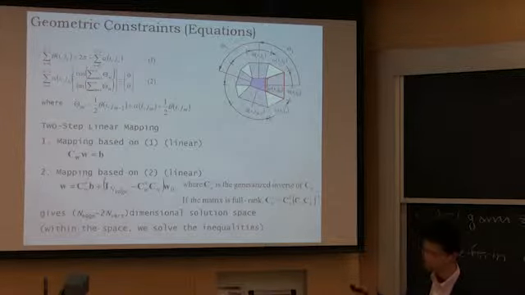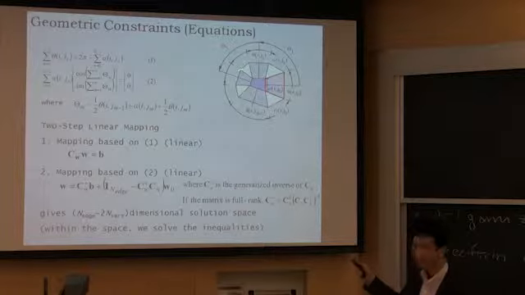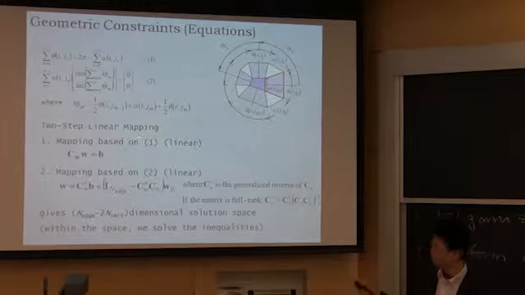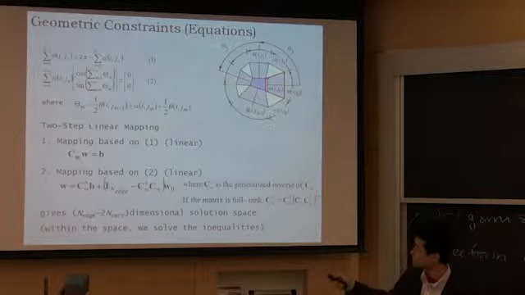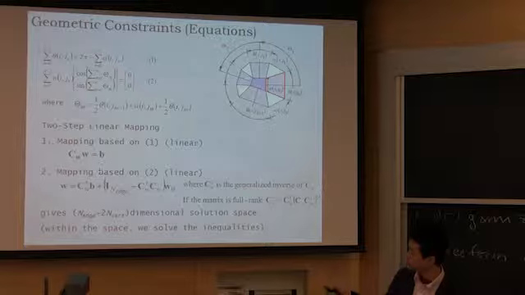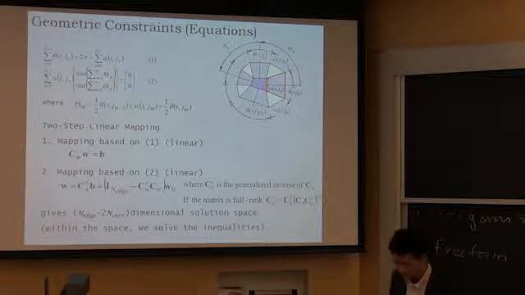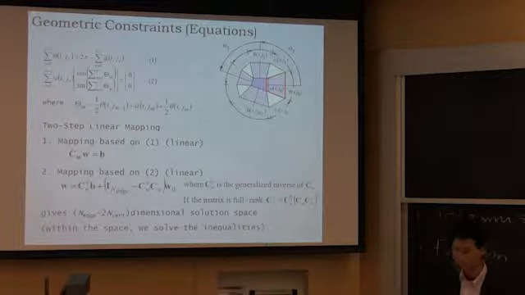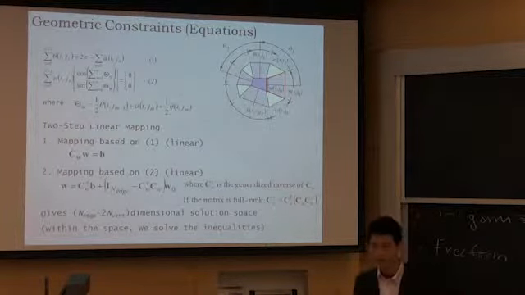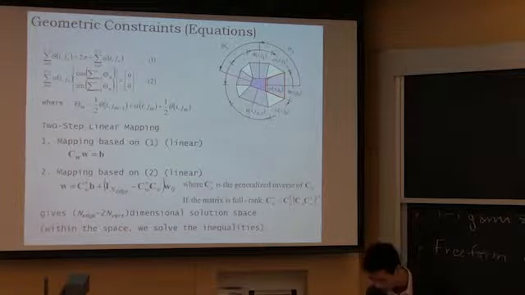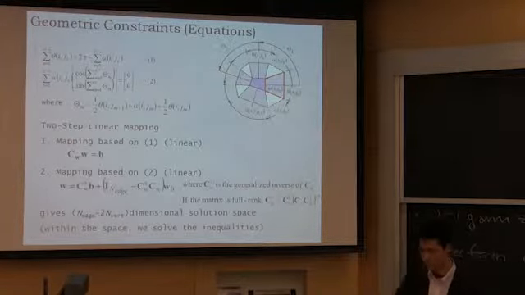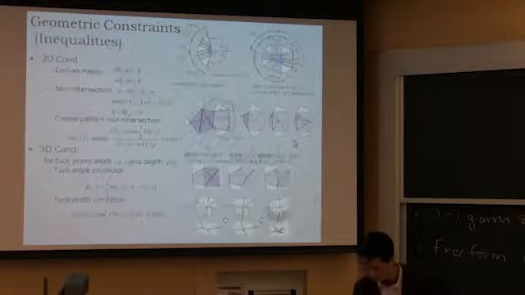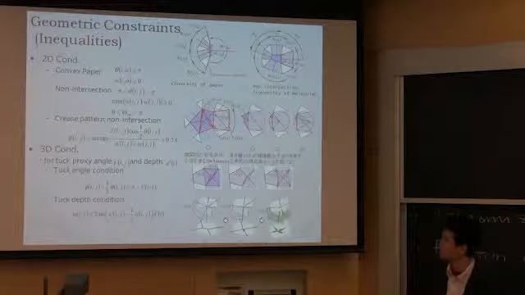And we assign these conditions for each vertex, and we solve that by two-step linear mapping, which is basically solving this equation and these equations. The good thing about that is that it becomes linear, which means that you can pre-compute, and you can go around the solution space. I will show you later the simulation system, the design system.